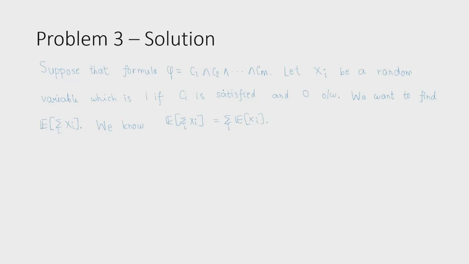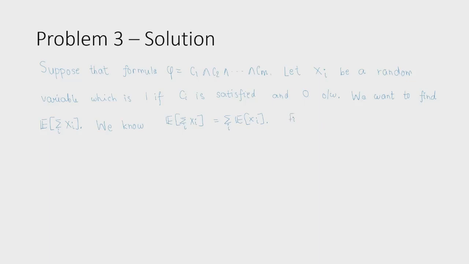Do you know what this formula is called? Yes, it is called linearity of expectation. It says that the expectation function is linear: expectation of a plus b equals expectation of a plus expectation of b. So now all we need to do is find each of these individual quantities and add them up.